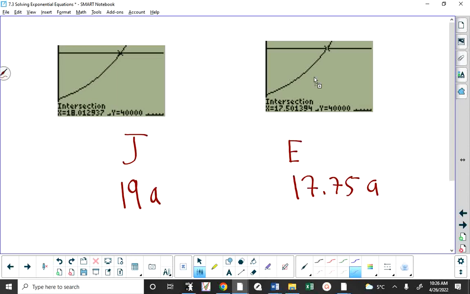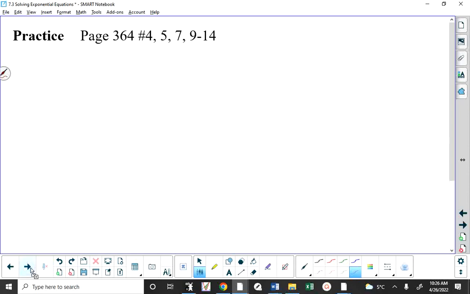So she gets interest at 17.5, which is a little bit less than 17.501. At 17.75, she's going to get more interest, and that will be what kicks her over that 40,000 point. So you would never answer this question by saying 17.5. You would have to round up to the nearest compounding period, which for Jerry is every year, for Elaine is every 3 months, or a quarter of a year. So it went a little bit longer.